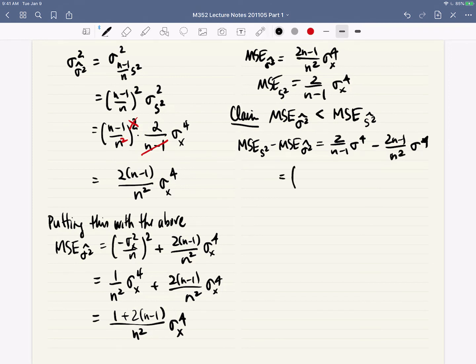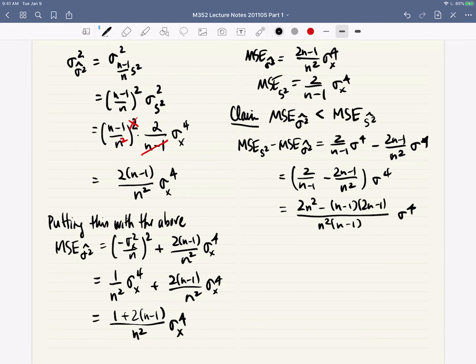Putting those together, pulling out the variance squared, we get that. Now simplifying what's in the parentheses, we get 2n squared minus n minus 1 times 2n minus 1, all over n squared times n minus 1, and all times my variance squared.